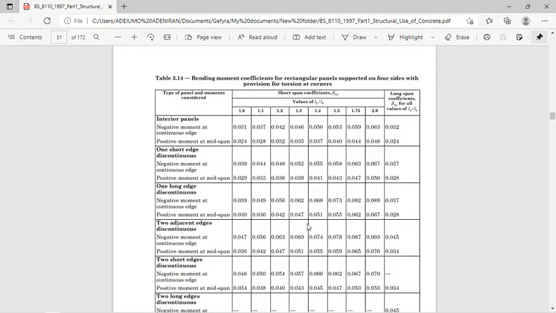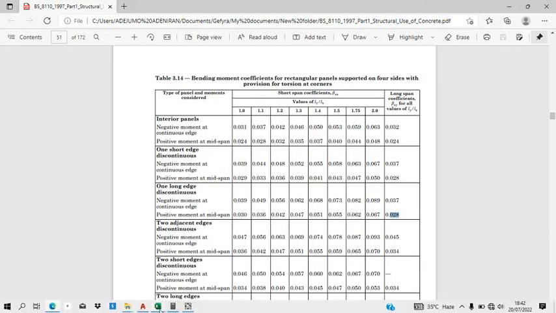In that case, you can see that one long edge is discontinuous. This is the case of that, which is case 3, 0.03 and 0.228. So if you look at the positive moment, if I'm classifying it as a short span and long span, it is also not very far from each other.